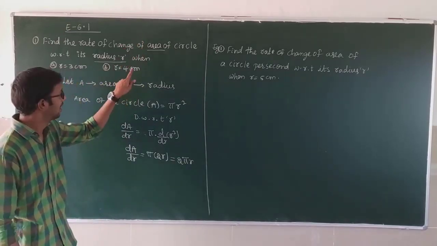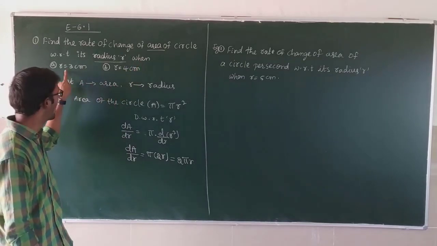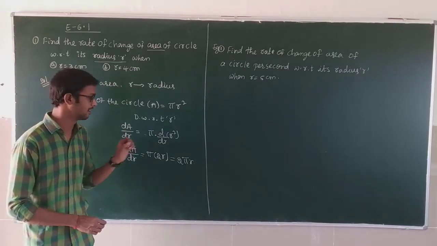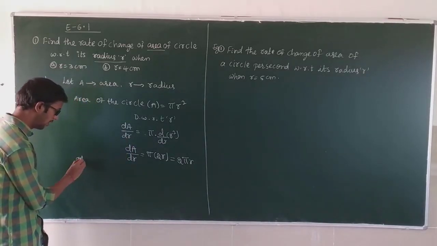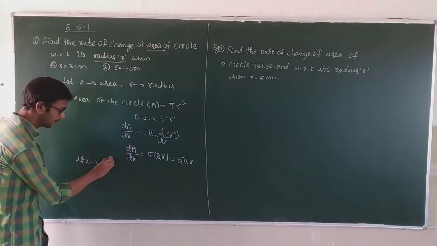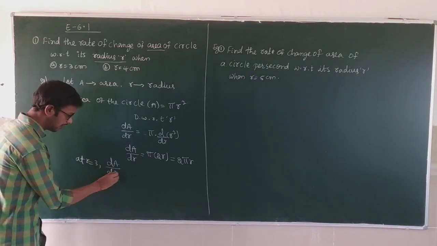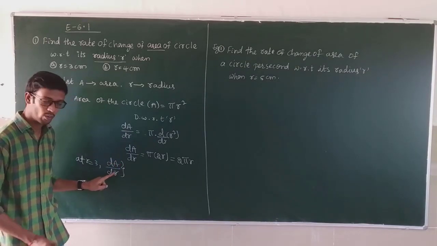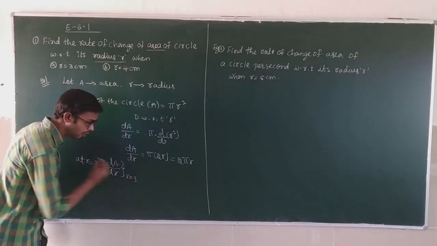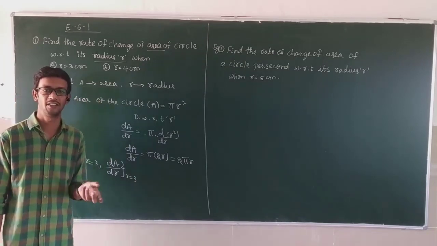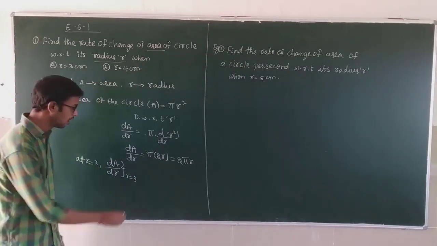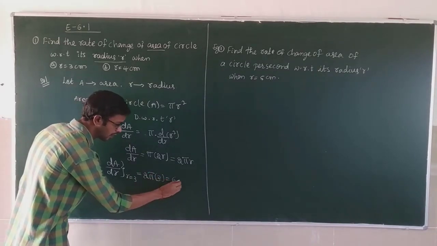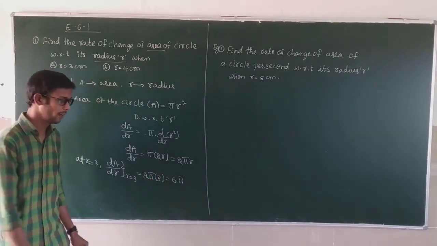Completed. But next there are conditions: when r is equal to 3 and when r is equal to 4. So write at r is equal to 3, dA by dr, the rate of change of area with respect to radius, is equal to 2 pi into 3, which is 6 pi.